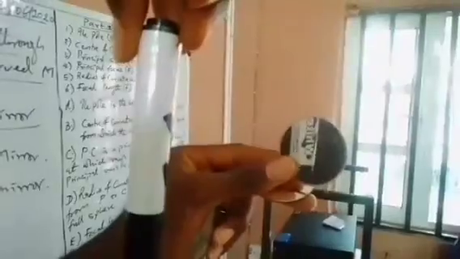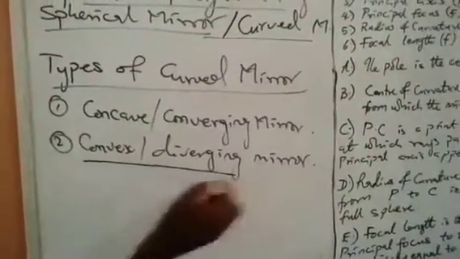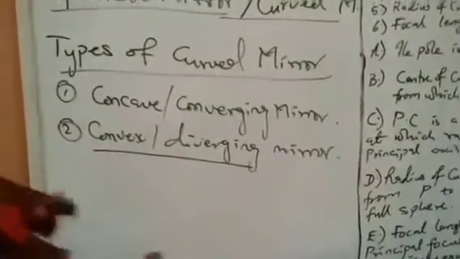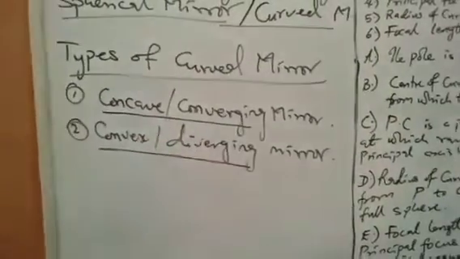You notice the size difference between this and the former one. So the one that produced almost the same size of the object is what we refer to as the convex mirror, while the one that produced the bigger size, the magnified size of the object, which is the last one you saw in the mirror, is what we refer to as the concave or converging mirror.